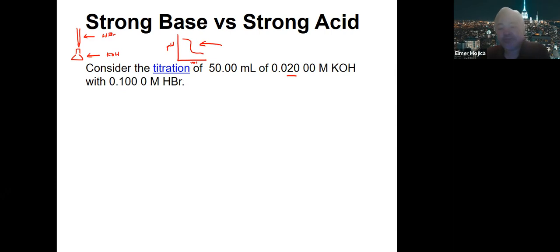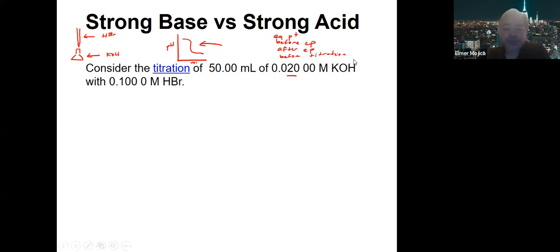Again, just like what we had before, the way that you're going to determine strong acid versus strong base, or any acid-base titration, is at the equivalence point, before the equivalence point, and after the equivalence point. Here you can also have before titration.